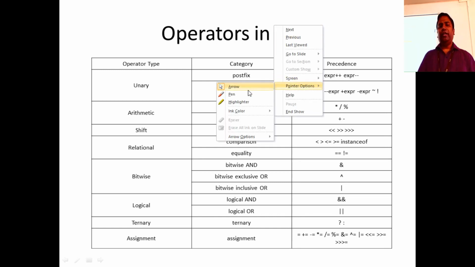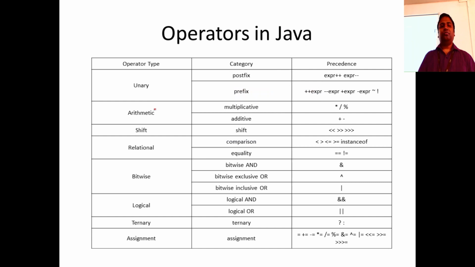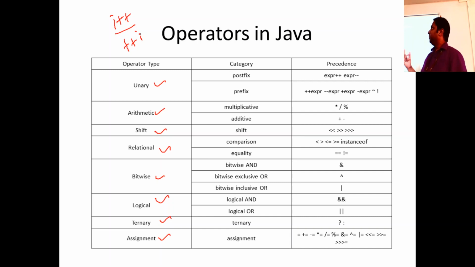What are the operators? First of all, you have arithmetic operators, shift operators, relational, bitwise, logical, ternary operator, and then assignment operator, unary operator. So I plus plus is called postfix, and plus plus I is called prefix. What is the basic difference when you use I plus plus in an expression?